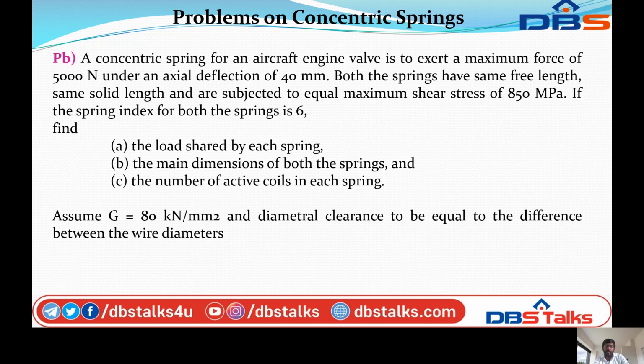Both springs have the same free length, same solid length, and are subjected to equal maximum shear stress of 850 megapascals, if the spring index for both the springs is 6. Find the total load shared by each spring, the main dimensions of both the springs, and the number of active coils in each spring. Assume G is equal to 80 kN per mm square and the dimensional clearance is equal to the difference between the wire diameters.